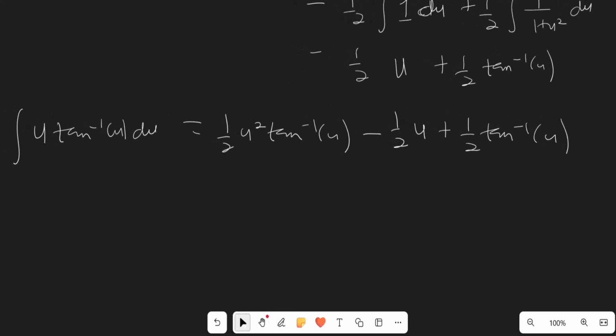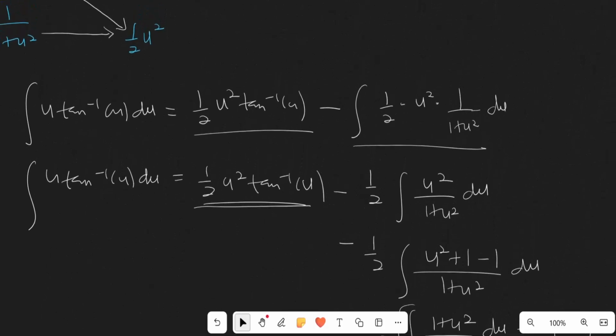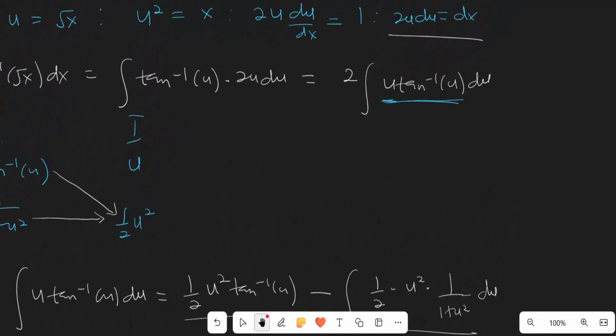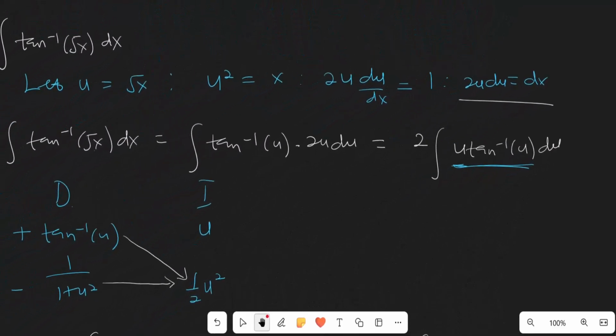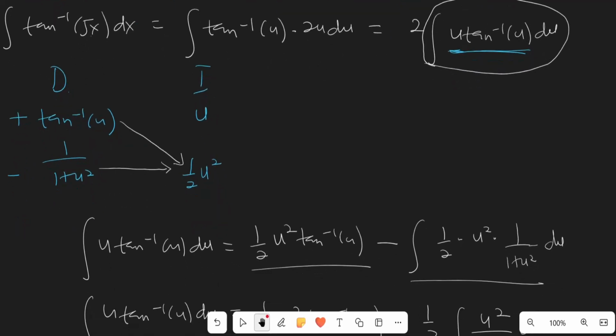We are not done. We now have to move back from the u world into the x world. So we just have to multiply that one by 2 and use the substitution u equals the square root of x. And then we are done.